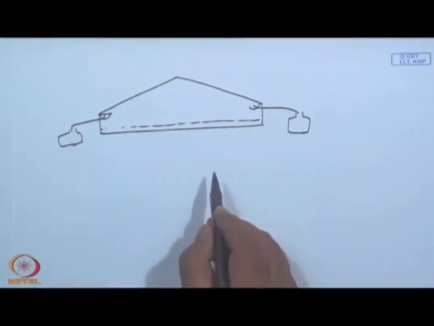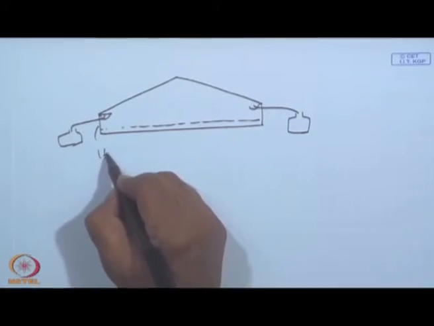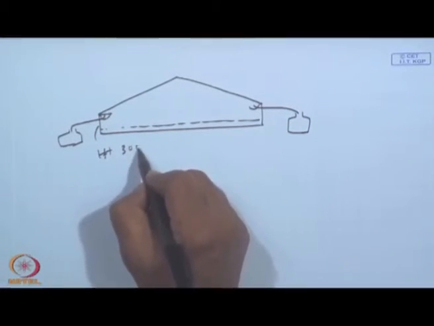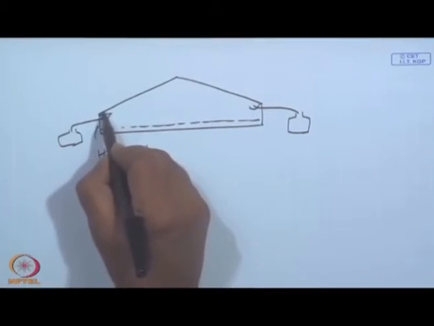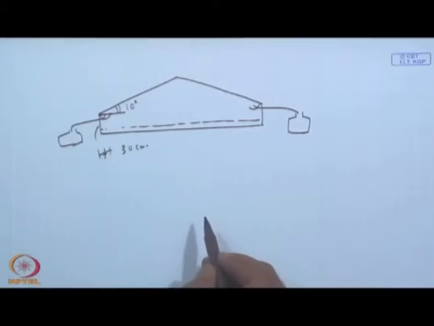Now, the question you may ask is about this 1 foot, 30 centimeters, and this slope of approximately 10 degrees. Why not more? Why not less?